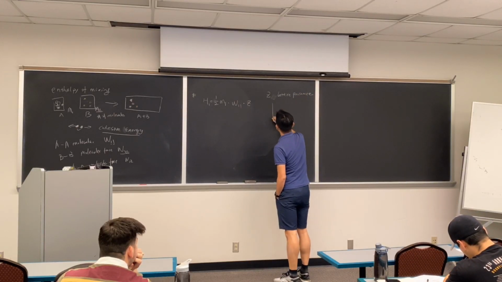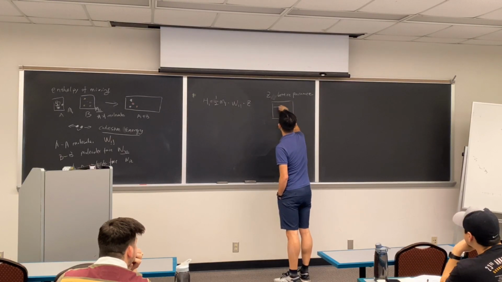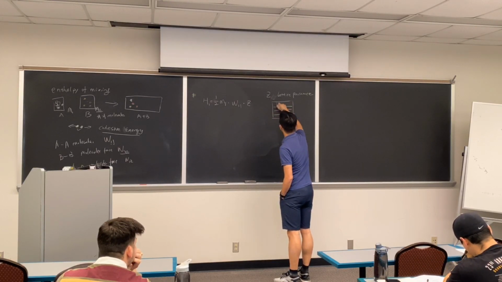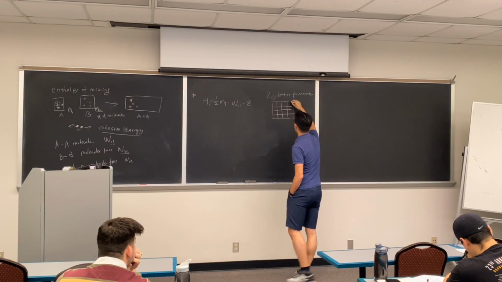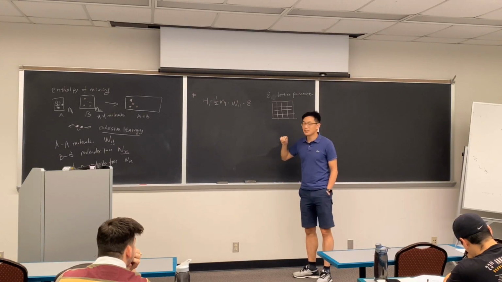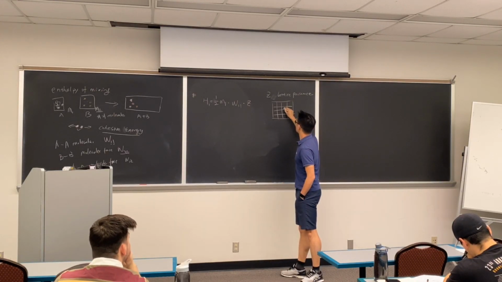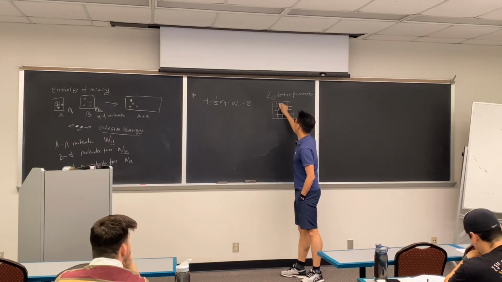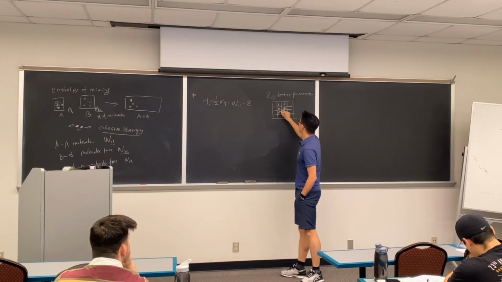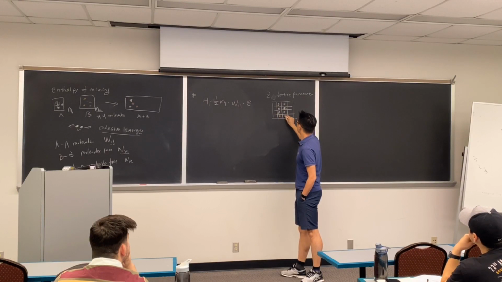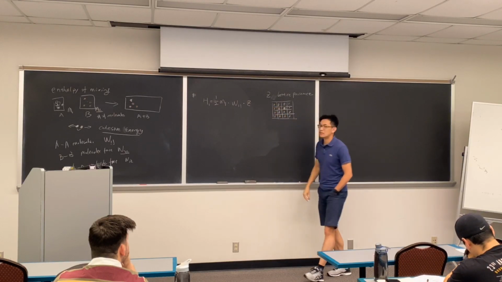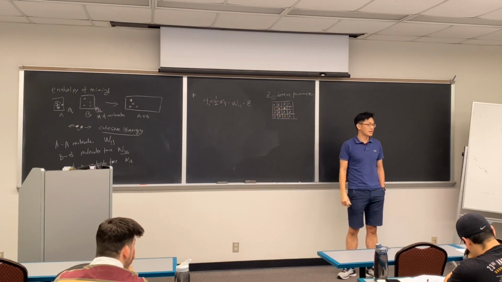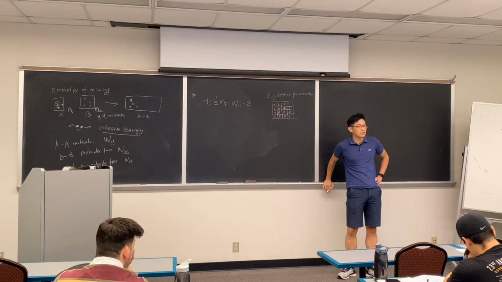What does this mean? Consider now that all your molecules fall into these boxes. If we start to fill this in, this is solvent A. Each molecule has a different number of neighbors.